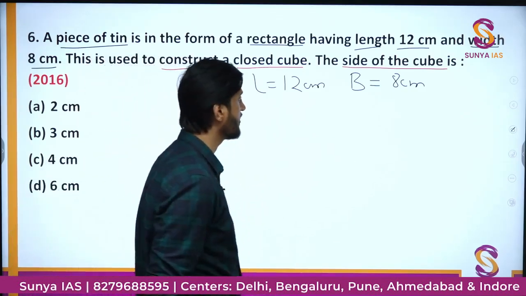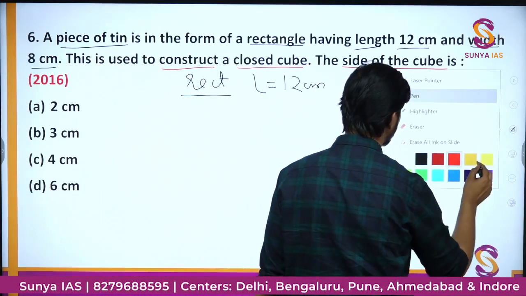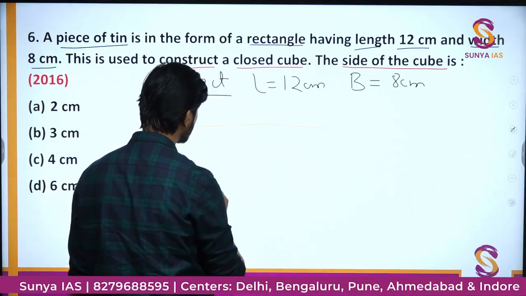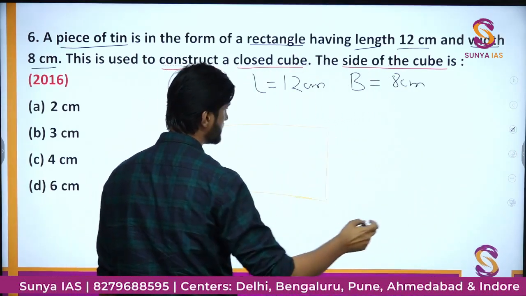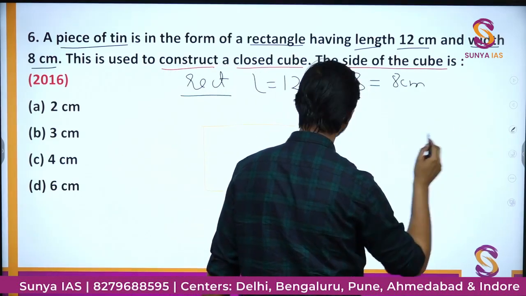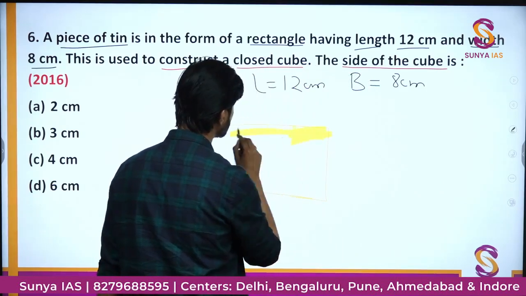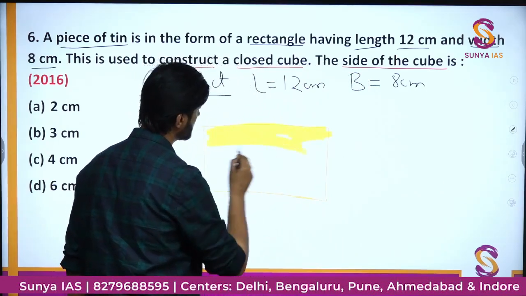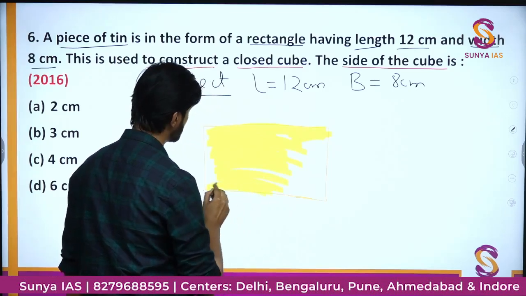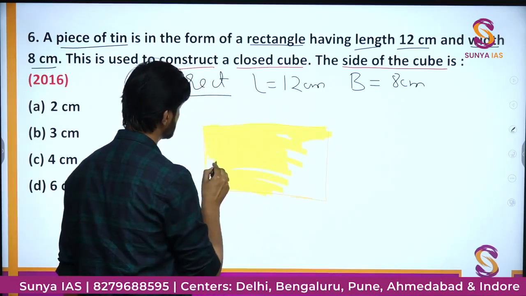The idea of the question simply is that you have a rectangular plate like this of tin metal, right? Let me highlight it also so that it is more visible to everyone. This is what I am doing to make a tin plate so that you can visualize the process.